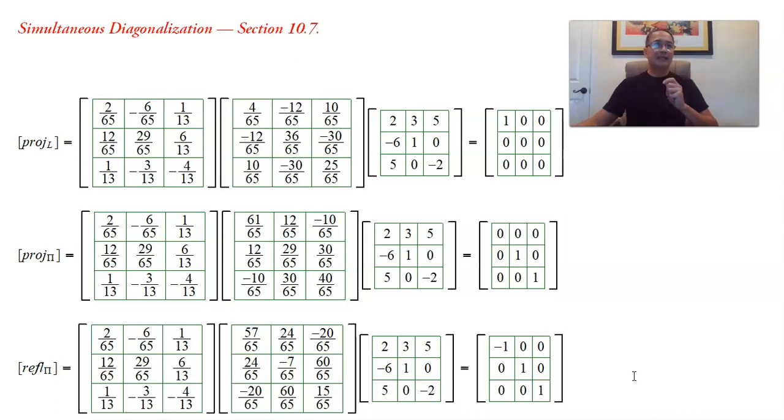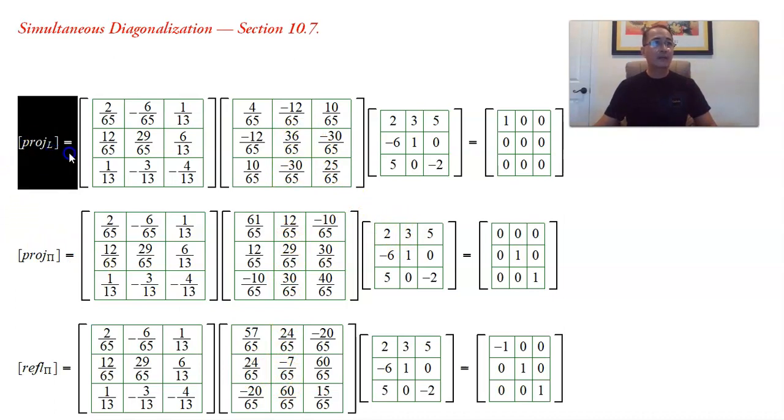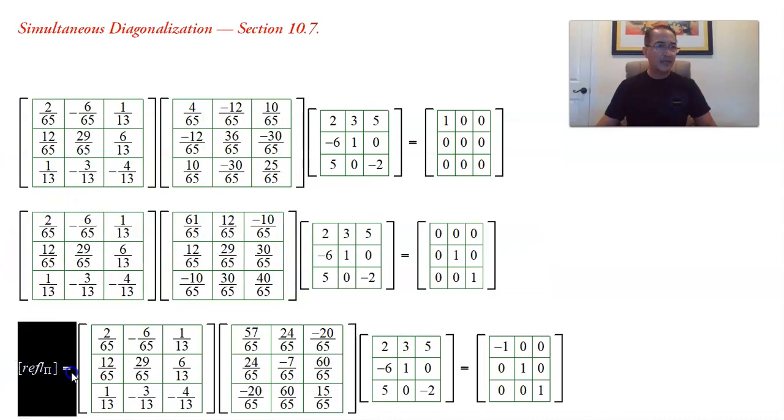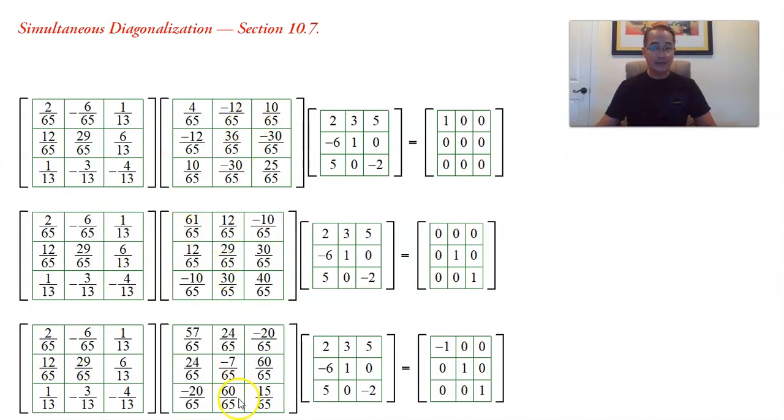But what we did in that last video was, given the 3 matrices for projection onto L and projection onto pi, so it's actually just the middle matrices which have those labels, we conjugate by C on the right, C inverse on the left, and we got these 3 diagonal matrices.